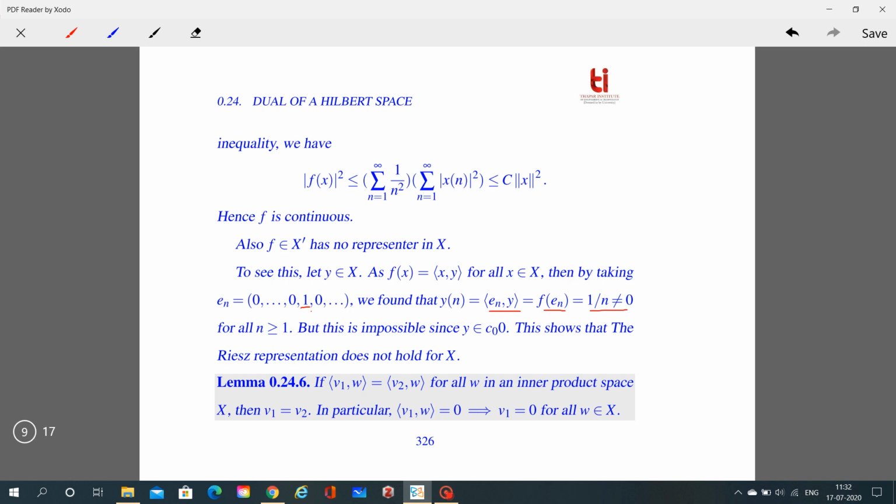But this is impossible since y belongs to c00, and this shows that the Riesz representation theorem does not hold for X.